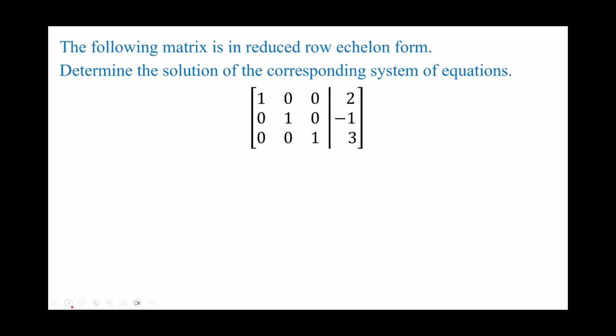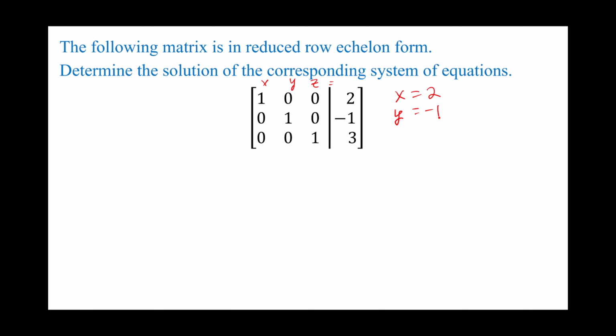The following matrix is in reduced row echelon form. Determine the solution of the system of equations. Well, let's translate each row into an equation. So if this is x, y, and z, and then this is the equal sign, then the first row says 1x plus 0y plus 0z equals 2. The second row says 0x plus 1y plus 0z equals -1.